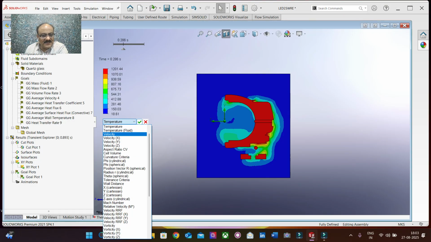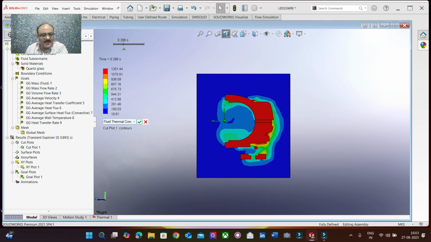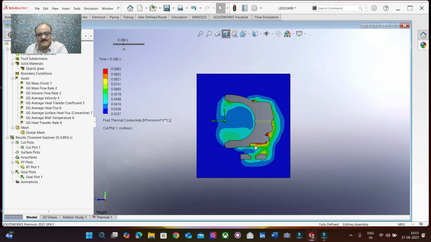Now let's find out the fluid conductivity. This is the fluid conductivity. Air is going to be a conductor again. That's the reason I said that air is considered to be a fluid here, and the fluid is supposed to be a conductor.